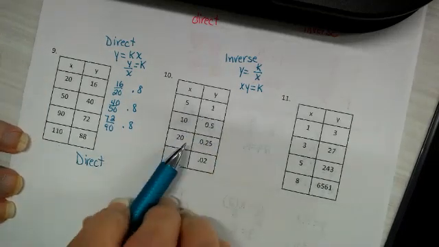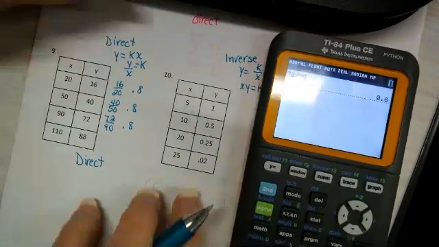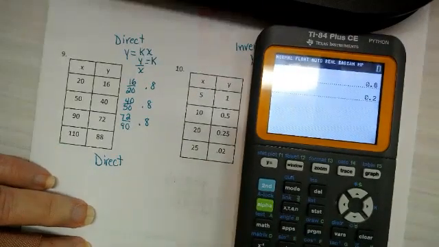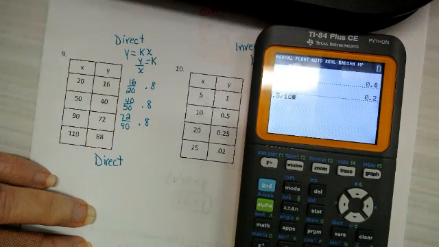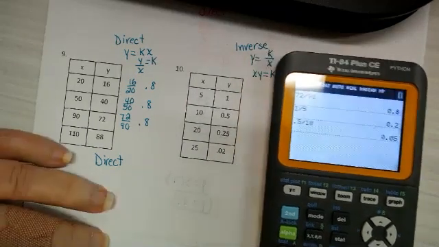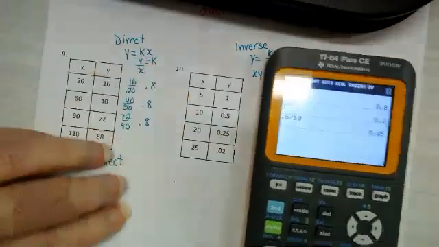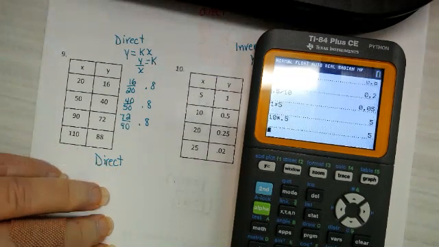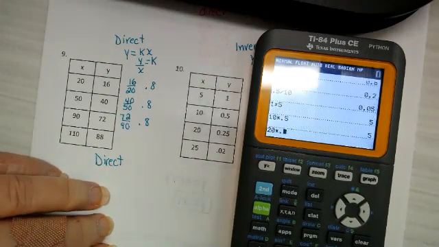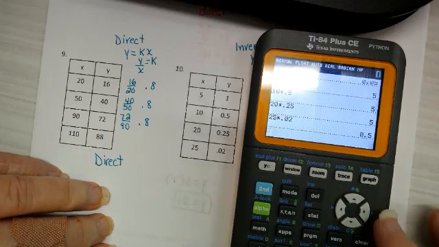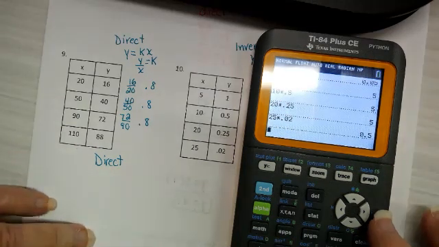Let's check this one. Now, if I start dividing to see if it's direct, let's see, 1 divided by 5, and then 0.5 divided by 10, those are not the same number. So I know it's not direct. Well, let's check to see if they multiply to a constant. 1 times 5, 10 times 0.5, 20 times 0.25, 25 times 0.02.